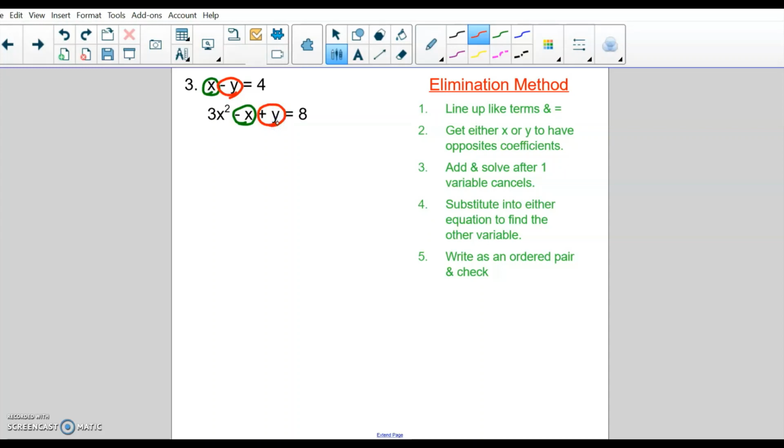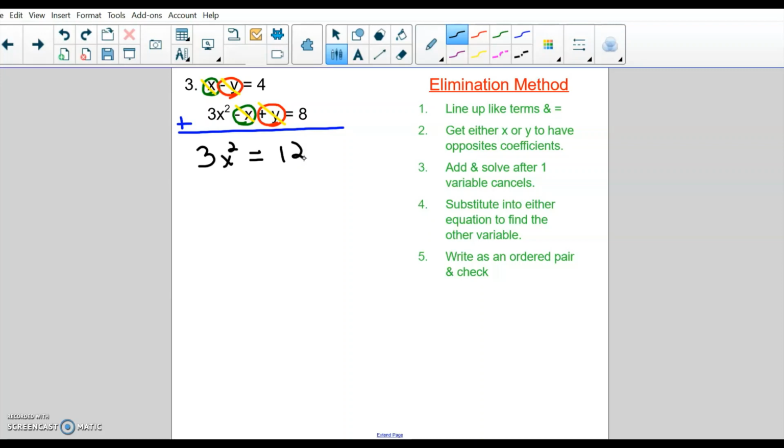So if I just go ahead and eliminate, in other words, add these two equations together, the x's eliminate themselves, the y's eliminate themselves, and all we have left is 3x squared equals 12. The 12 is the 4 and the 8 added together. The 3x squared didn't eliminate with anything else.